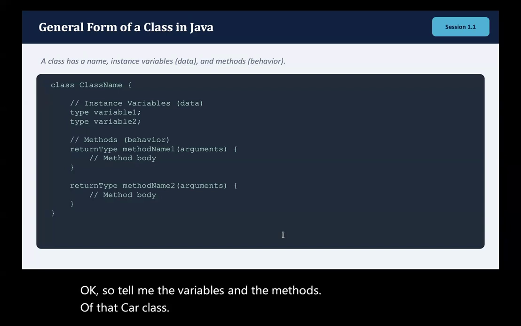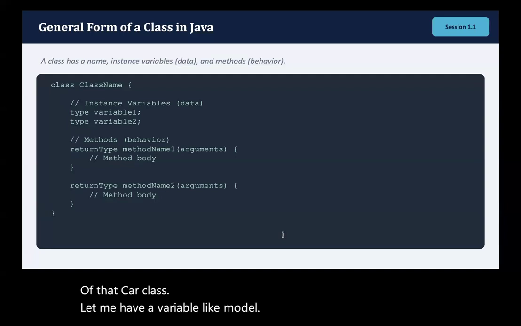We may have a variable like model, then we can have color, then cost, then speed, whatever the properties are. So those are the variables.